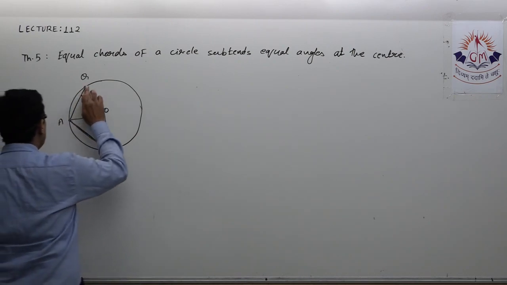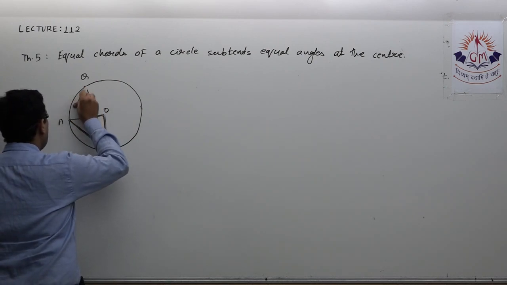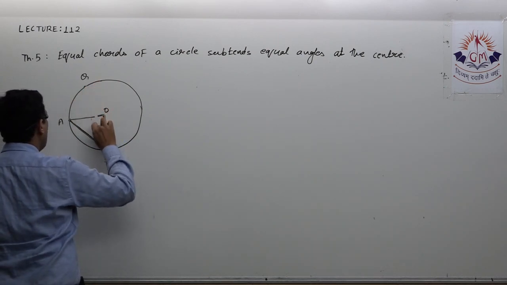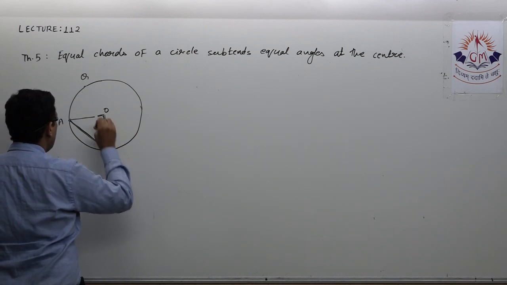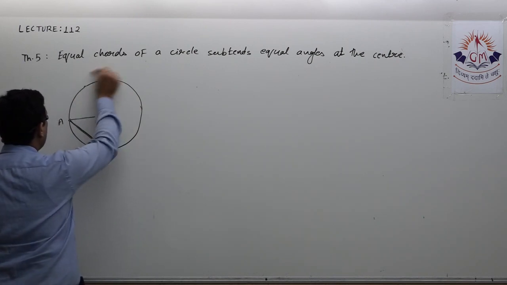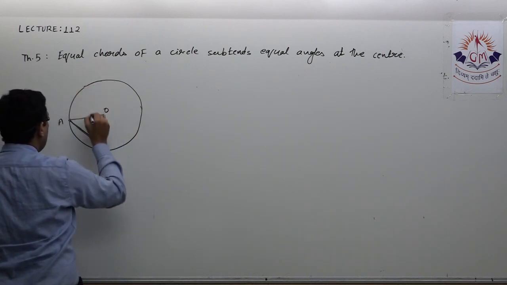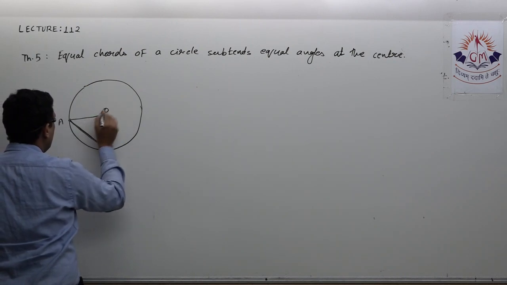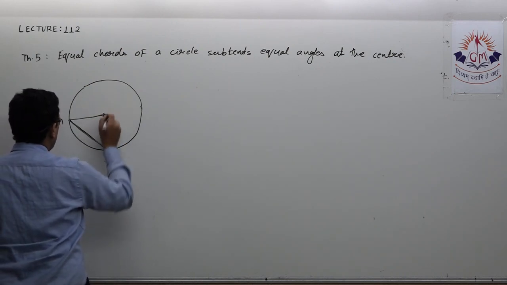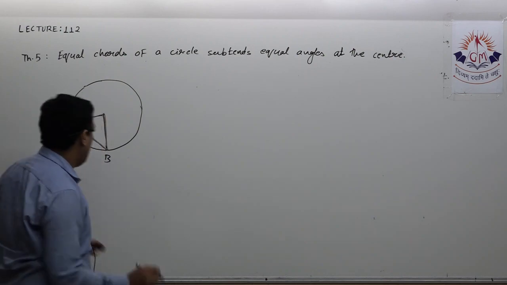Now according to this theorem, if there are two chords and they are equal in length, then the two angles subtended by these two chords at the center will be equal. So here AB subtends angle AOB.